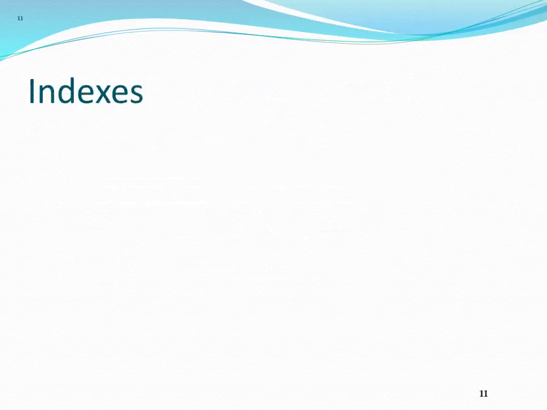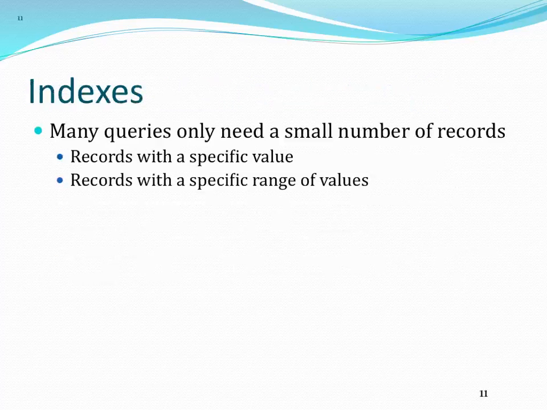So what we're going to do now, at least for the next half hour or so, is talk about indexes, and then we'll take a break and then pick it up in a week or so. Indexes are something that we're all generally very familiar with because we all have had to use them at this point. Indexes are a very helpful mechanism because most of our queries don't actually need all the rows in a table. We might have that if we have grouping and aggregation, something like that.